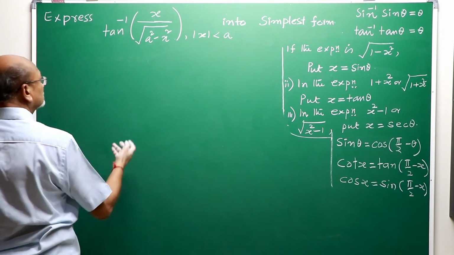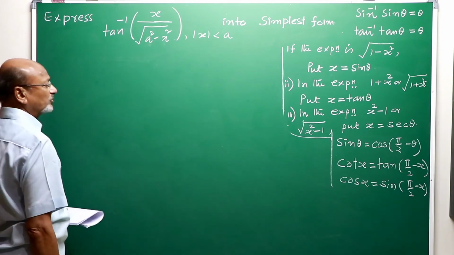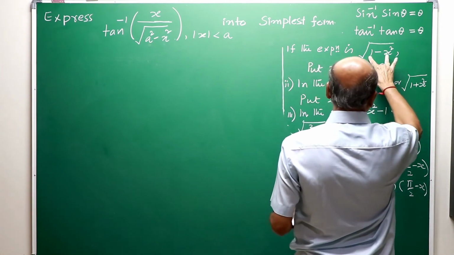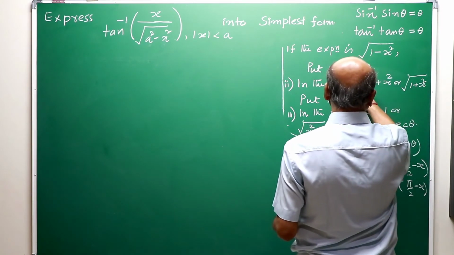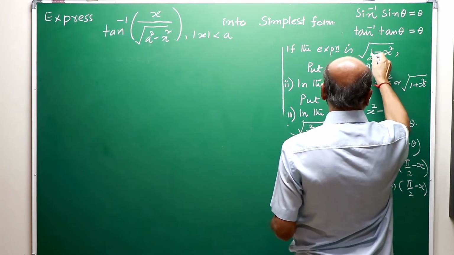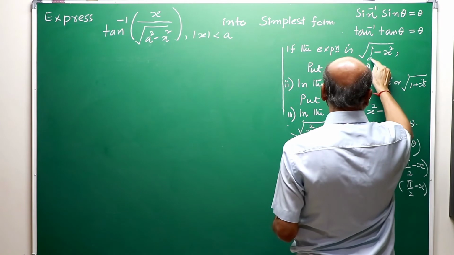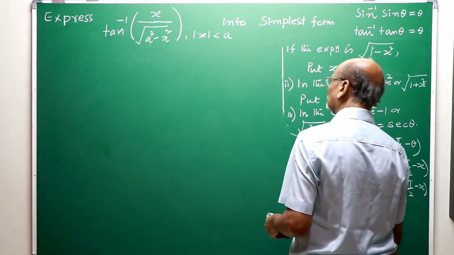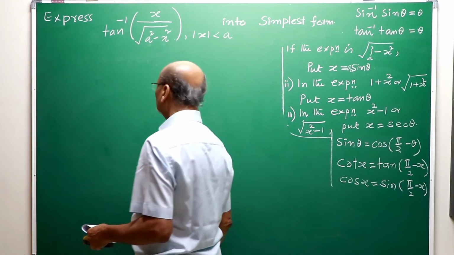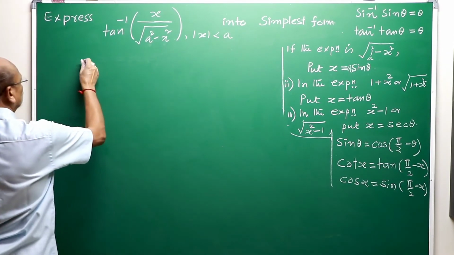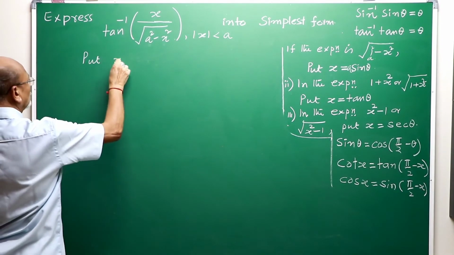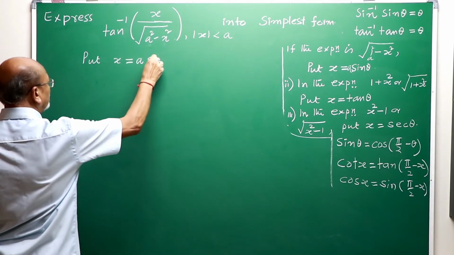A square minus x square. What is it? A is 1 here. If it is 1 minus x square, x is sine. Instead of 1, if it is a square, then your x is a sine theta. In this case, your substitution is put x equal to a sine theta.